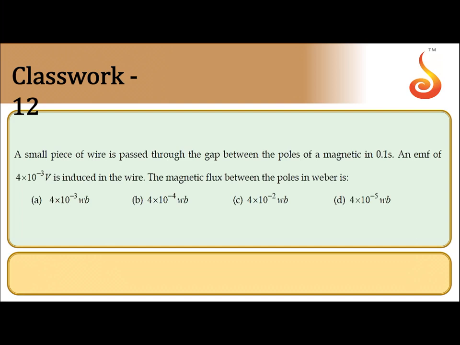We shall move on to the next one. A small piece of wire is passed through the gap between the poles of a magnet in 0.1 second. An EMF of 4 into 10 power minus 3 volt is induced in the wire. The magnetic flux between the poles of the magnet in Weber is.